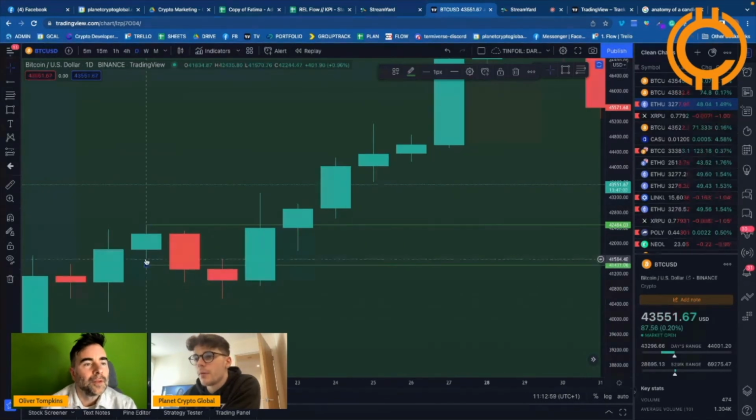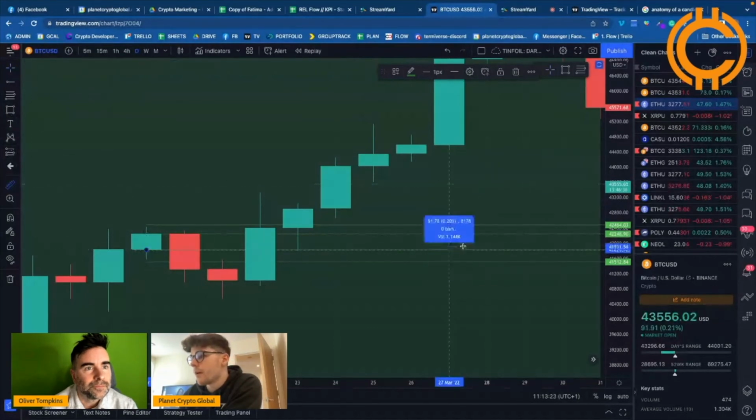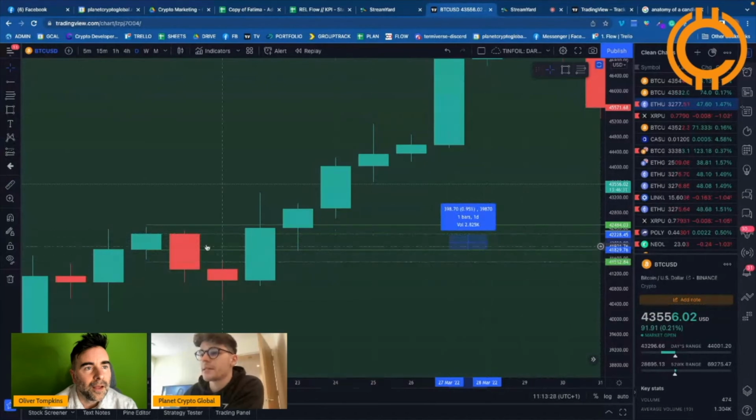If I then get the bottom of the candle just here, the lowest point within that period was 41,512. The candle body opened at here, 41,829, and then the candle body closed at 42,248, which was actually higher. If I just put the percentage tool up, the price went up, opened, and then closed 0.95% more, which meant it was a green period.